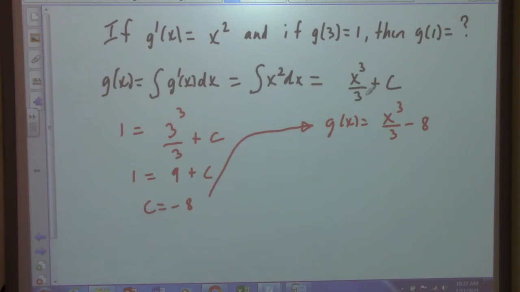And so what we're going to do is plug in 1 for this. g of 1 is equal to 1 cubed over 3 minus 8. So what we have here is 1/3 minus 24 thirds equals negative 23 thirds. And so, was that one of the answer choices? Yes. Okay, so that's our answer.